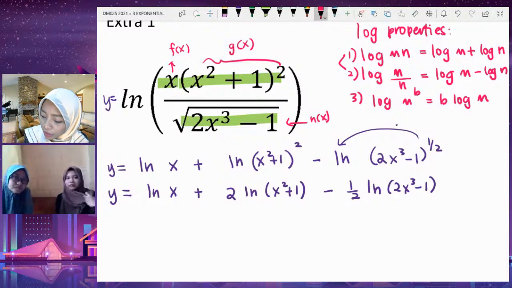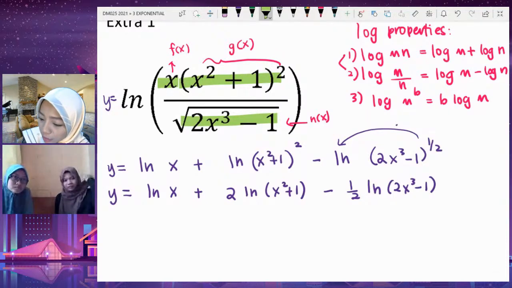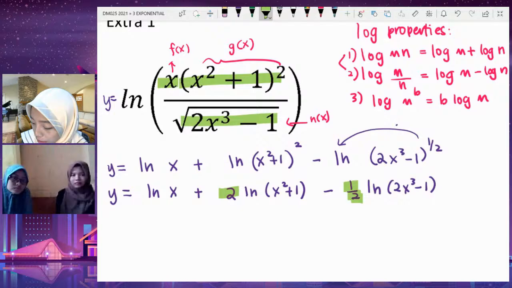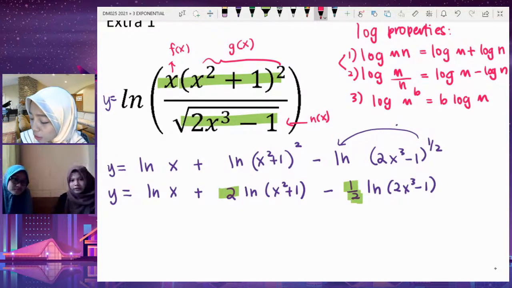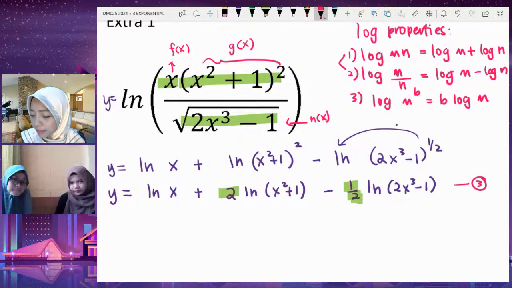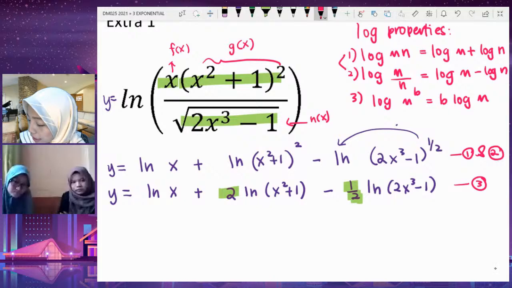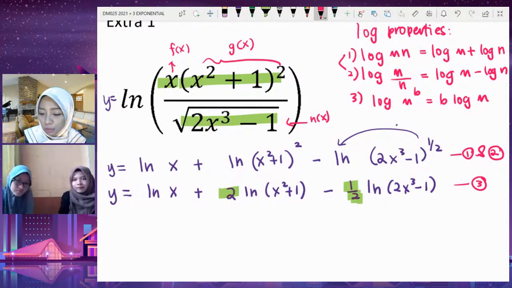So this is what we are doing here. 2 dengan 1 over 2 ni menggunakan yang ketiga, log properties yang ketiga. Okay, ini log properties yang pertama dan kedua. Understand or not? Okay, madam dah siapkan tulisan nombor dah kat situ.